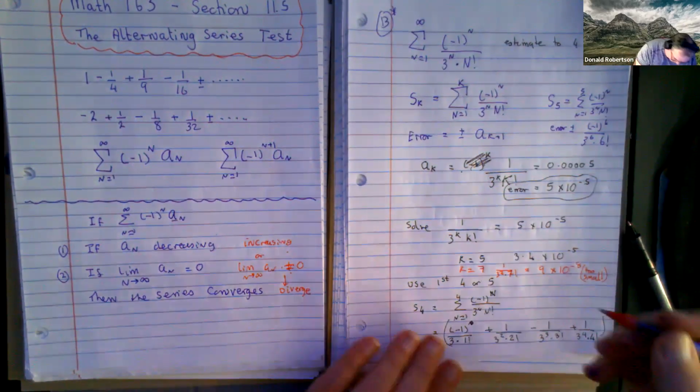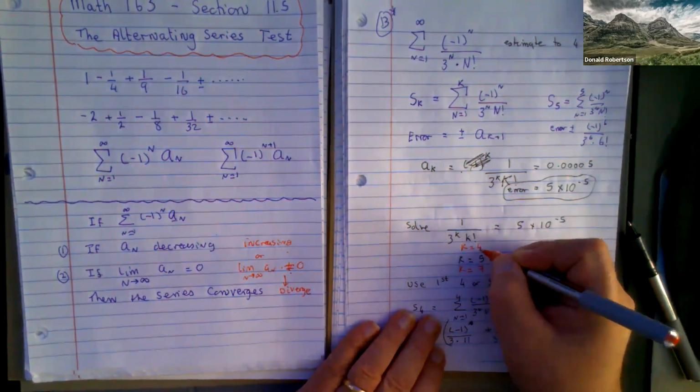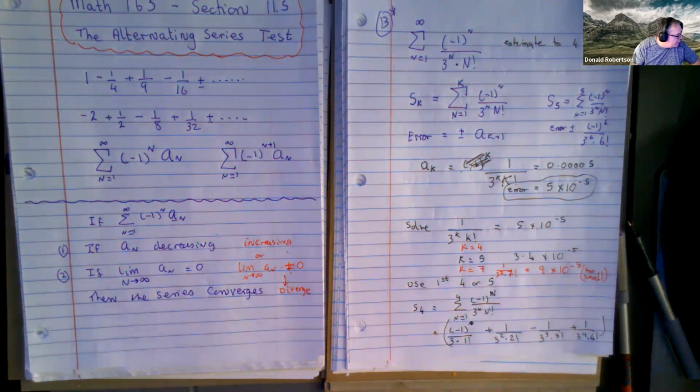And then can you pretend that after I did that one, I may have chosen k equals 4, just for argument's sake. And if I had chosen k equals 4, the calculation would have been 1 over 3 to the 4 times 4 factorial.